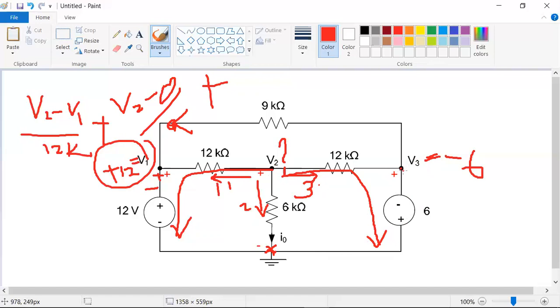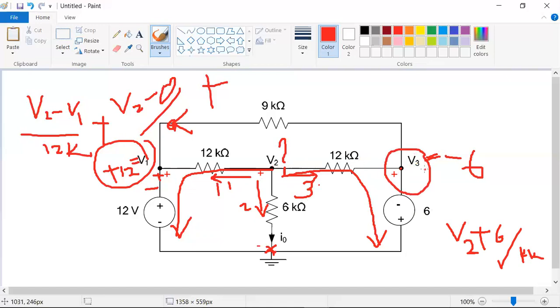So let me try writing in two ways. One is, let me write in this way. First way, I am taking the reference till 0, means for the flowing of current through 0, it will include the 6 volts itself. So V2 plus 6 by 12k, or you can write V2 minus V3, because this is V3 only now.